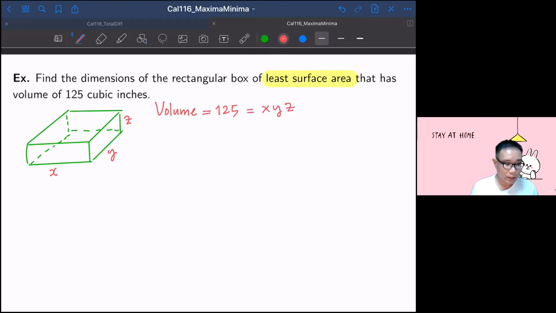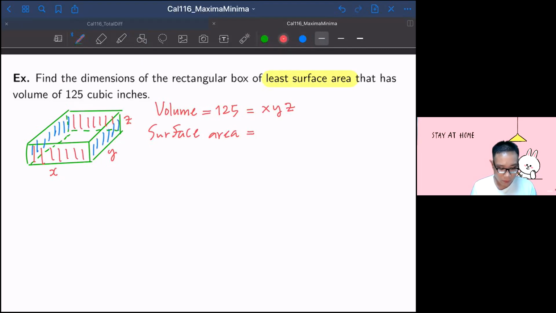And you have the surface area. The surface area turns out to be, you see that you're going to have two sides that are opposite.